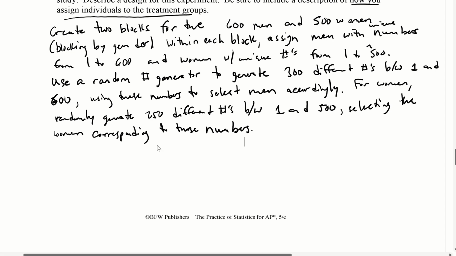And now we're about to explain how we're going to assign them to the groups. So now we got the 300 men and the 250 women. Now these women and these men are going to go to the treatment group, so they're going to be treated with ACE inhibitor, right?